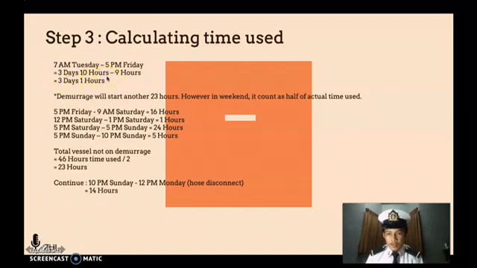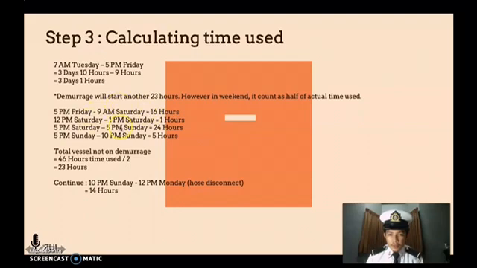From that we minus 9 hours, the total time due to rain on weekdays. So 3 days 10 hours minus 9 hours, we get 3 days 1 hour. Demurrage will start after another 23 hours. However, on the weekend, it counts as half of actual time used.